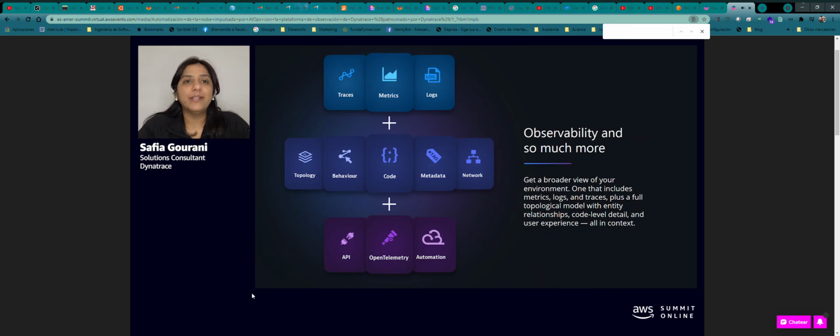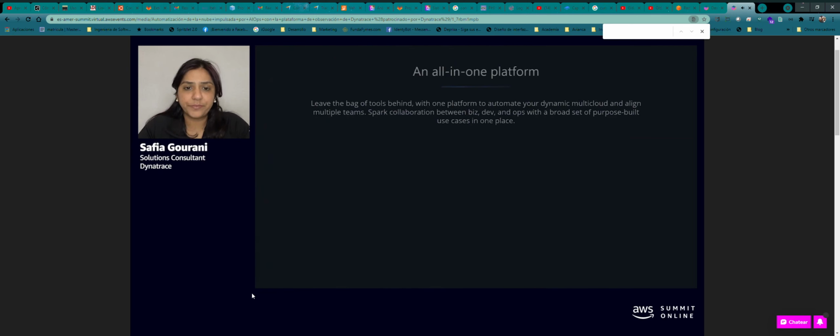So the three pillars of observability are very important, but along with those three pillars, you need to add a lot more. You need to add the context of what the problem is. You need to add relationships into your environment and also how things are connected to each other. So this can give you a root cause, not just give you metrics in your face.